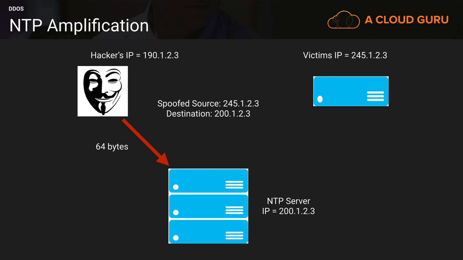If you're sending a 64-byte payload, you can get the NTP server to send back a whole bunch of information by doing the right request. It's going to send back something like 3,456 bytes. When you do this at scale with multiple NTP servers all over the world, you're going to overwhelm your victim's server, and they're going to have an outage.